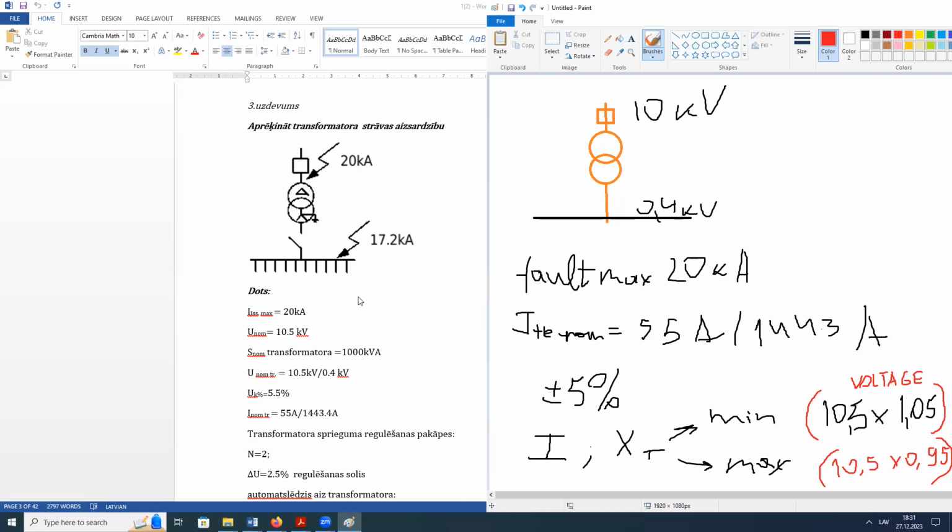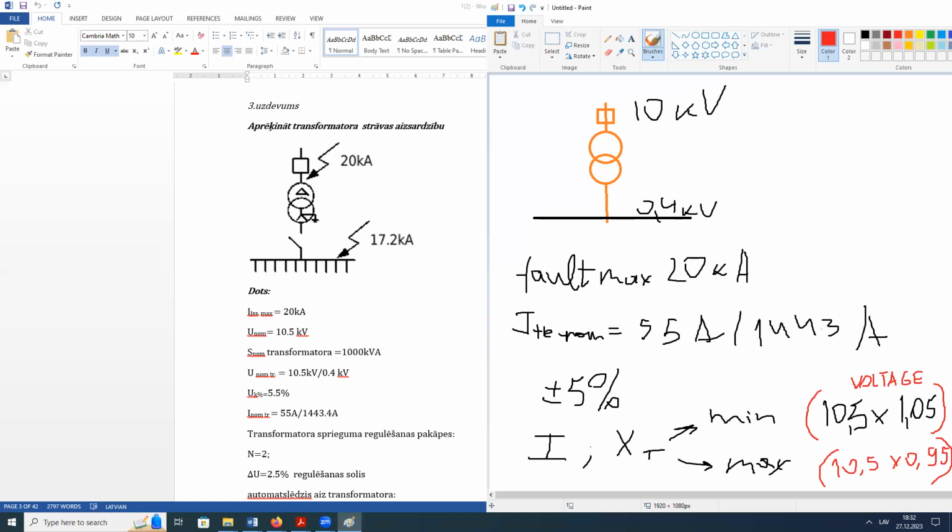About the transformer voltage, for the minimum you multiply by 1.05, which is plus 5%. For the maximum, we subtract 5%. So you see, if we have high voltage, we have low resistance. If we have low voltage, we have high resistance.